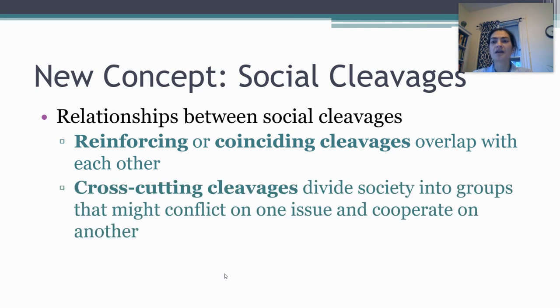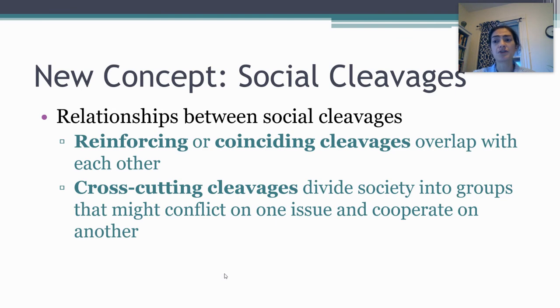On the other hand, there are other pairs or sets of cleavages that we refer to as cross-cutting because they divide society into different groups based on different factors. They cut across each other, right? So if there is not a clear relationship between socioeconomic class and race or ethnicity, then socioeconomic class and race or ethnicity are cross-cutting cleavages.